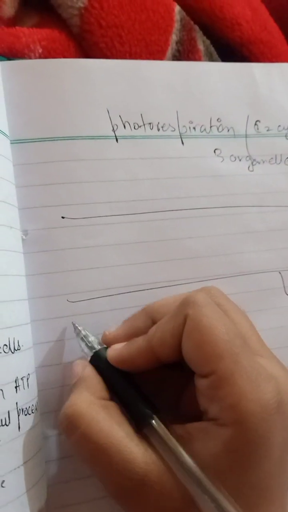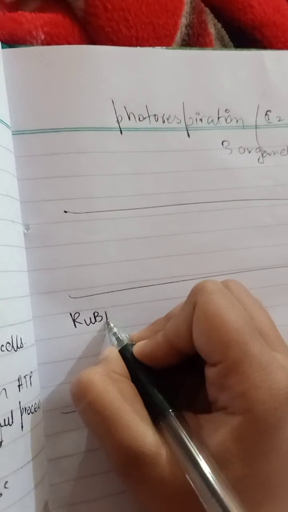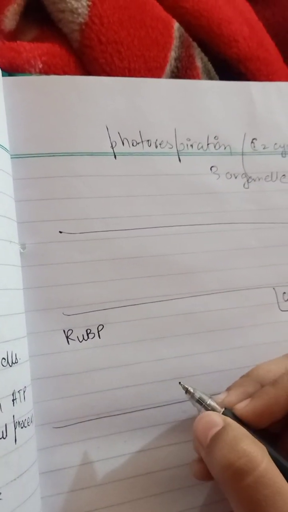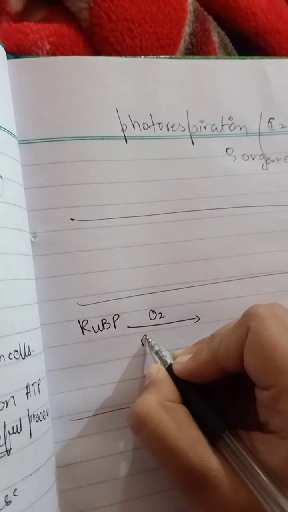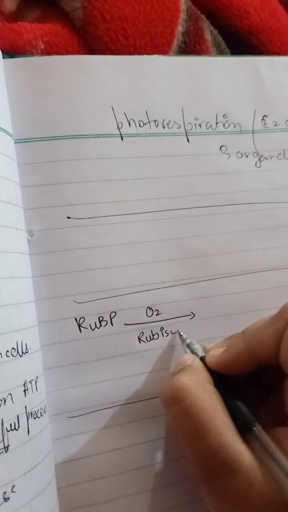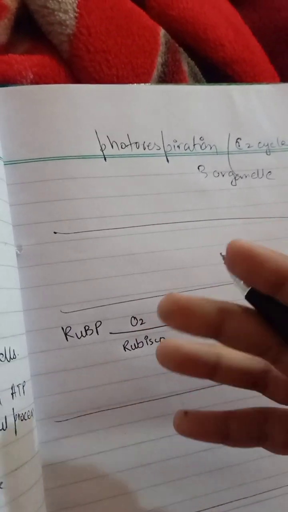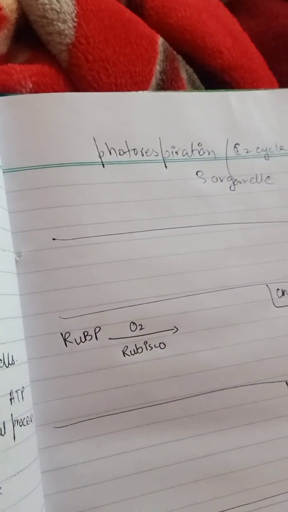Okay, so we had a molecule, ribulose bisphosphate, which joined with oxygen in the presence of the Rubisco enzyme, which has the capability to act in the process of oxygenation as well as carboxylation.